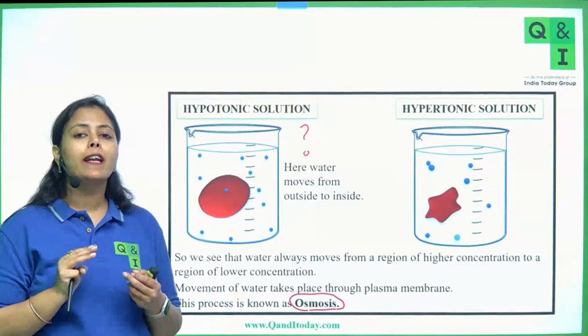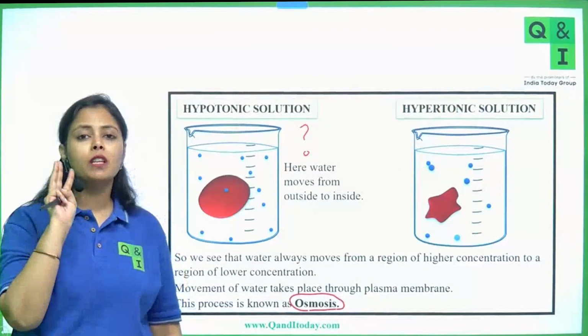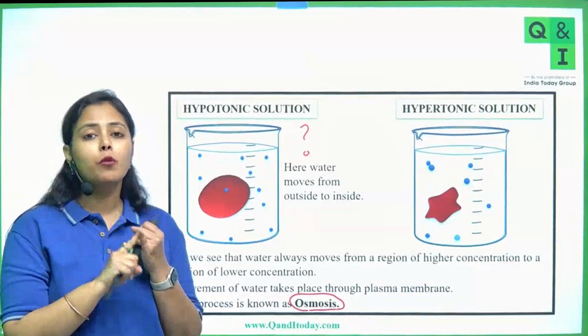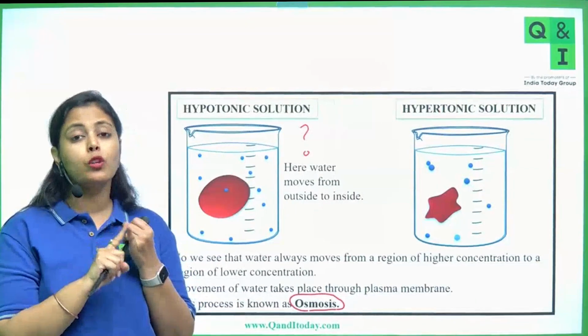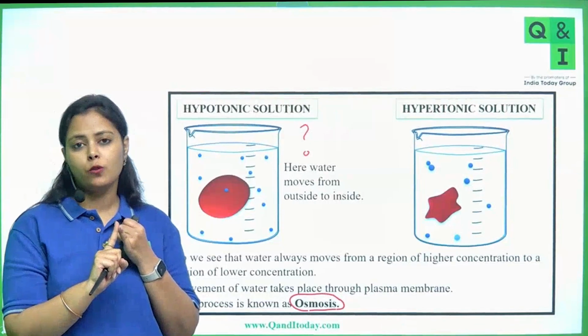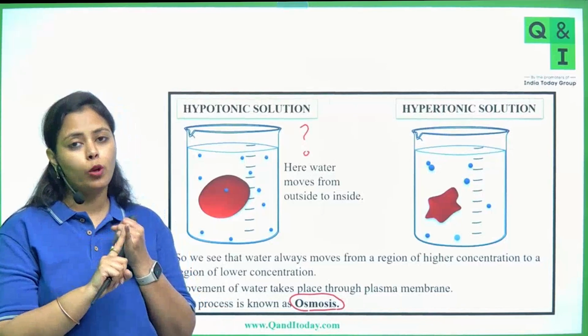While writing the definition of osmosis, always mention three very important points. First of all, it is always the movement of water molecules, water or solvent. We are not considering movement of any other type of molecule, solid or gases, nothing. Only the movement of water molecules.